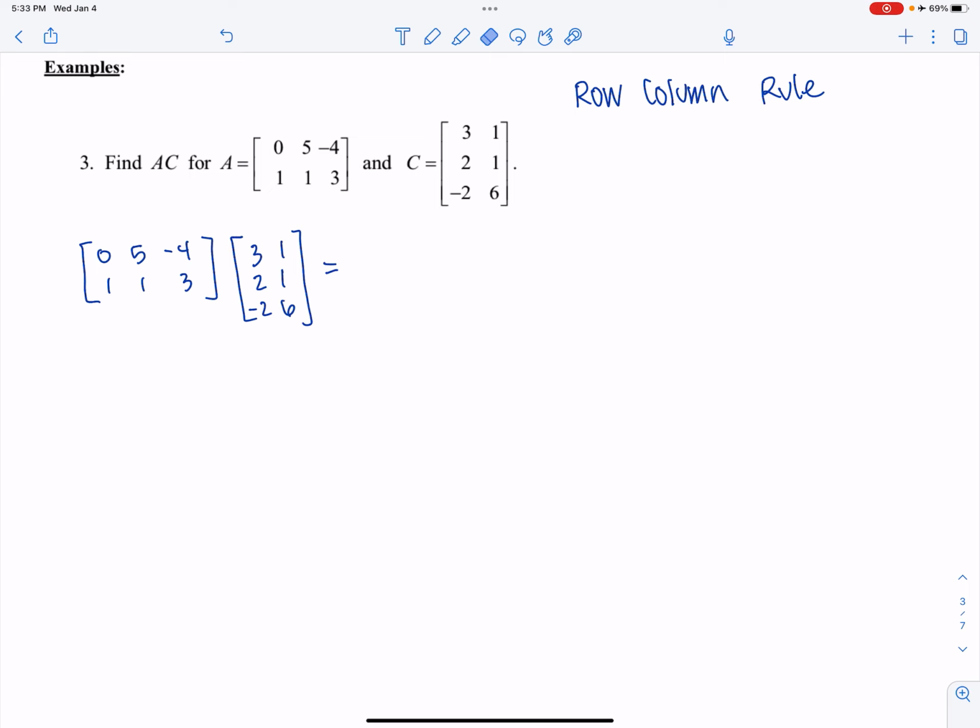So we're going to take the row times the column. That's going to give us 0 times 3 plus 5 times 2 minus 4 times negative 2 for our first term.